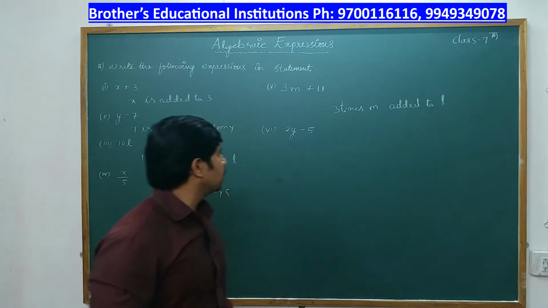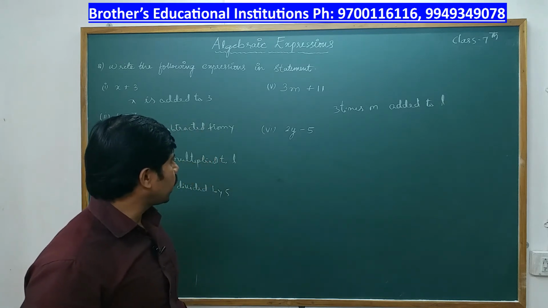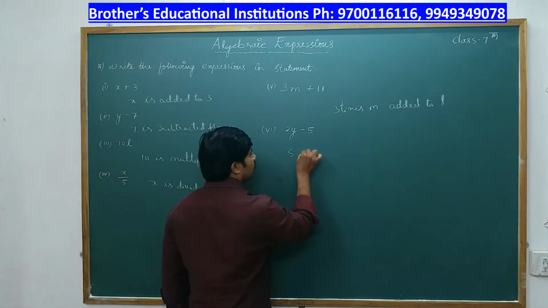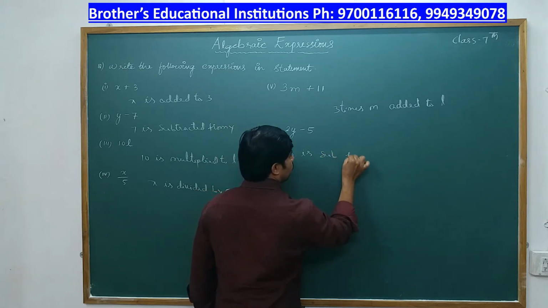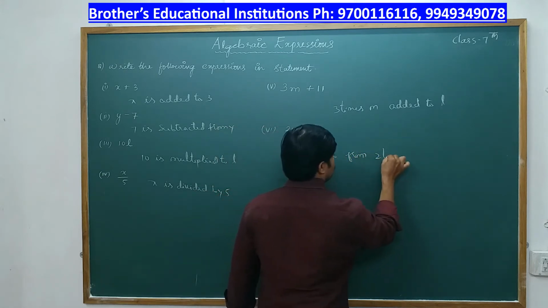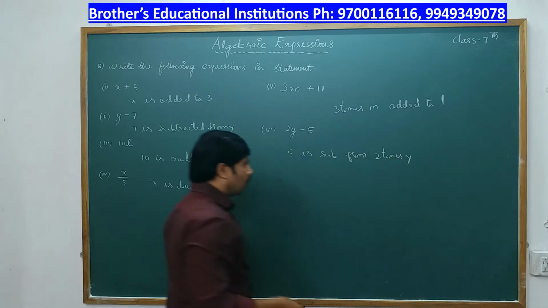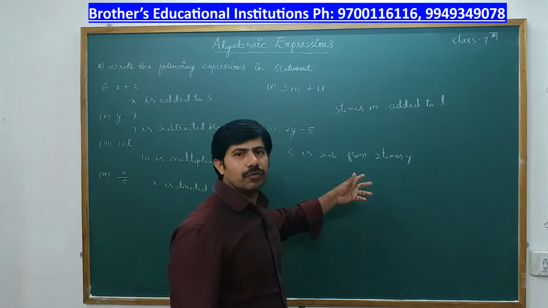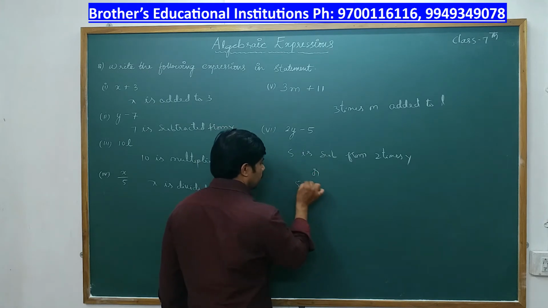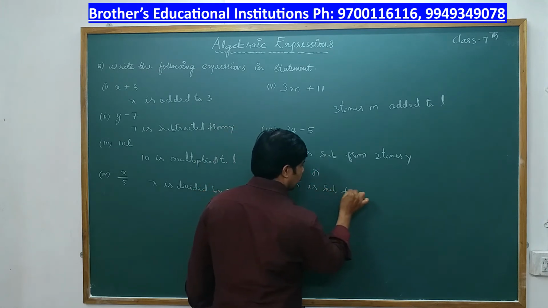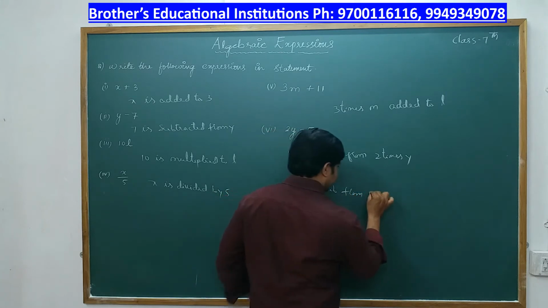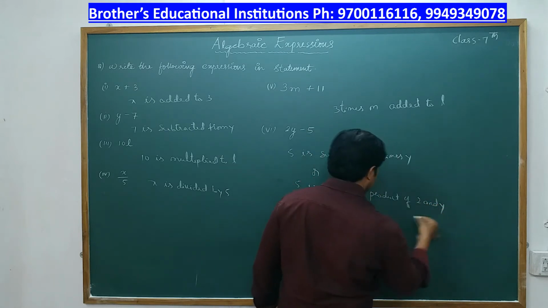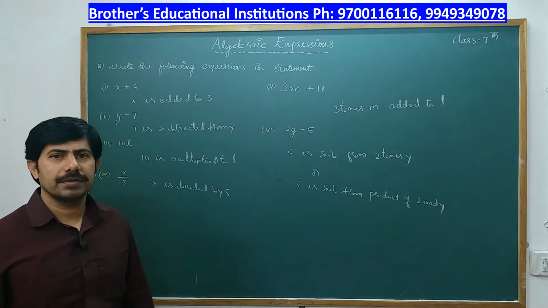It is nothing but 5 is subtracted from 2 times y, or we can also write 5 is subtracted from the product of 2 and y. Any one you can write down. Okay, so this is completed.